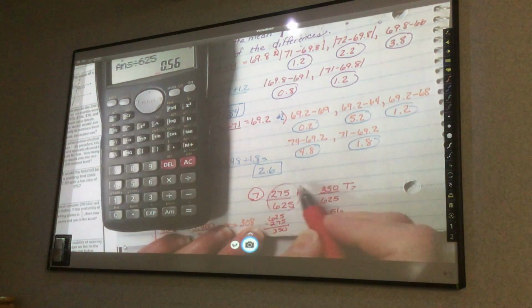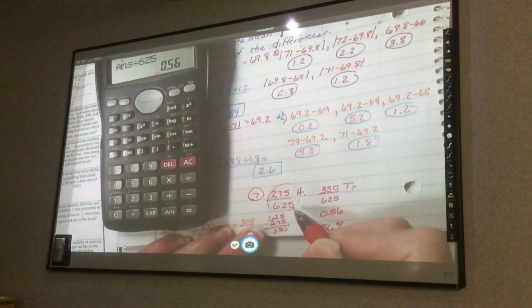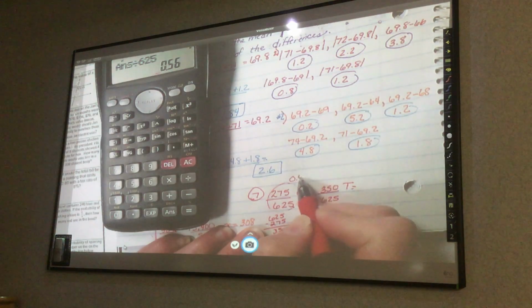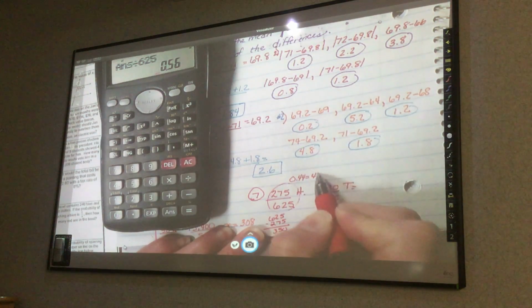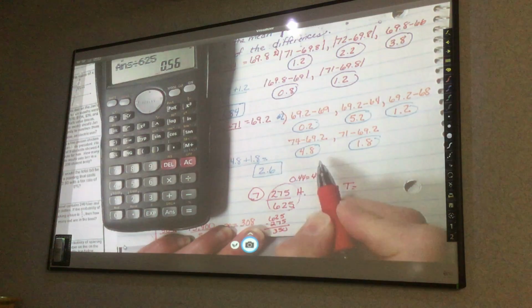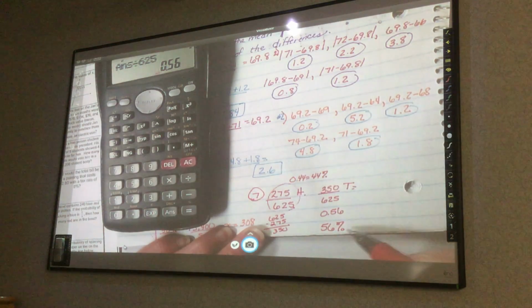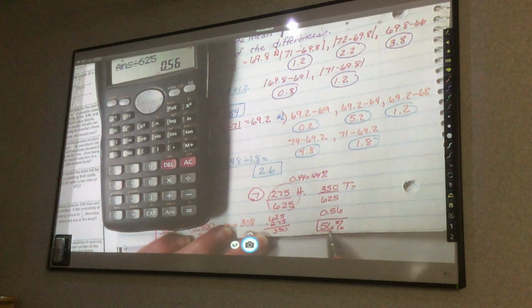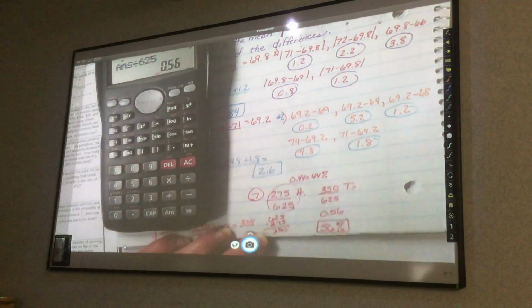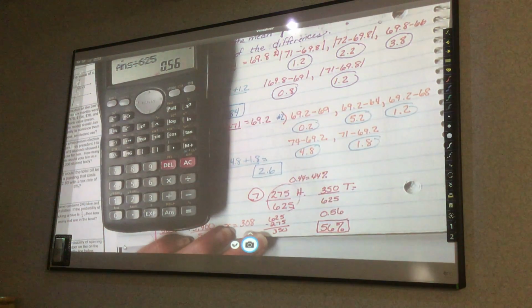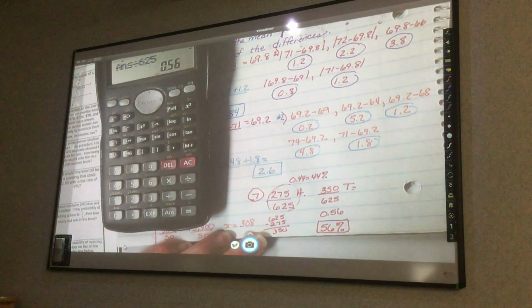I did 275 divided by 625 is 0.44, which is 44%. And then I just took 100 minus 44 to get 56. How many of you got number 7 right? Okay. Better remember writing it down. Does anybody have another way?